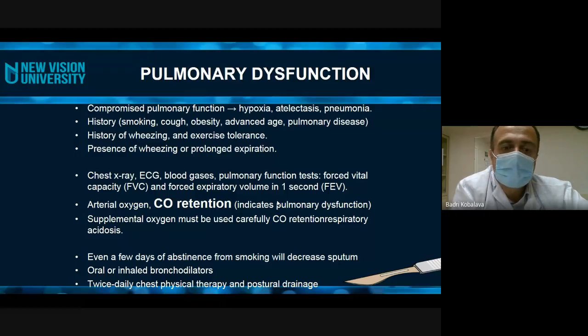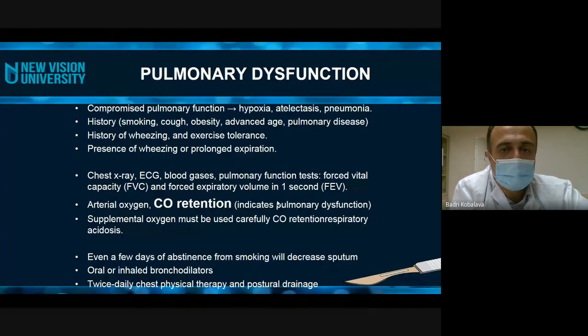Smoking causes chronic inflammation of the bronchi, and if it lasts for several years or even decades, then it completely destroys the small bronchi, causing obstructive syndrome.